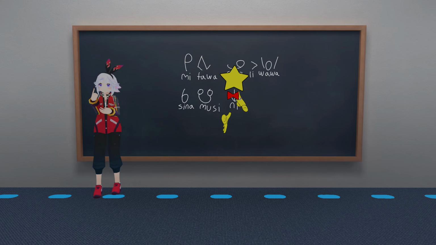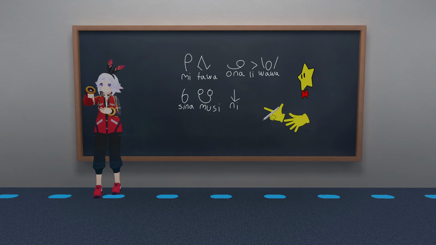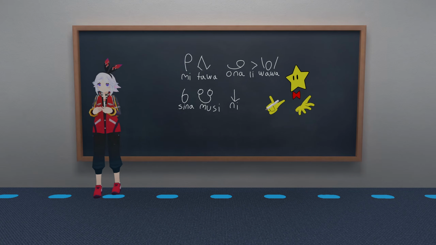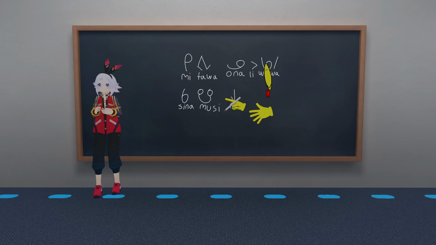N, I. Ni is this or that. And its symbol is more literal than all the rest, because that's just an arrow pointing at something. So that really is it. So let's continue with the sentence.